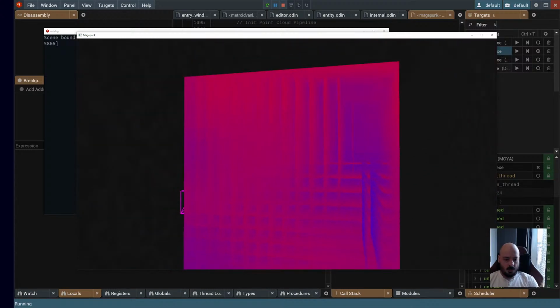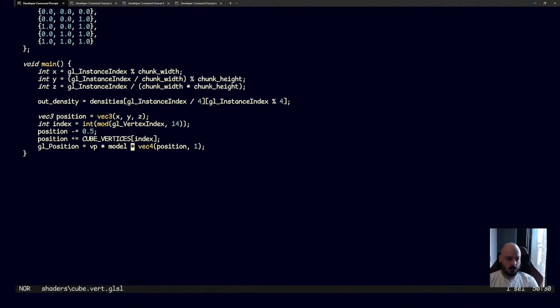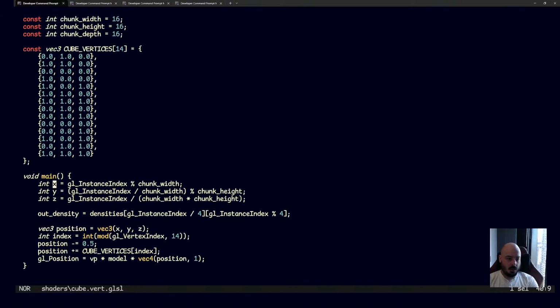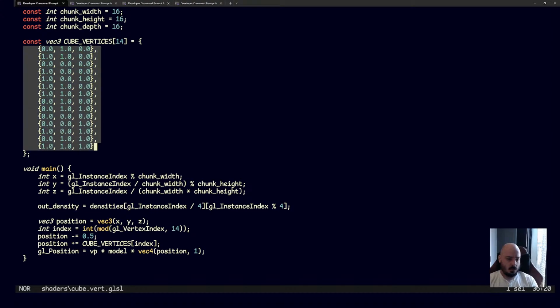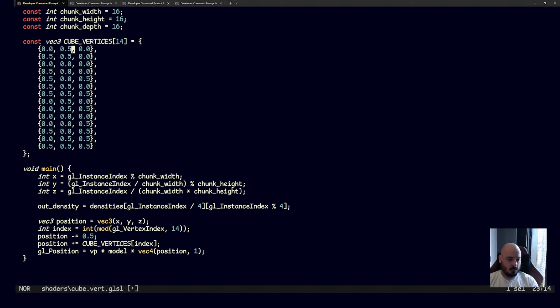Yeah, I think the cubes are still too big. What if I just change the scale of these vertices? What happens? So we're subtracting 0.5 from the position to get the center, and then we're adding 1. So doesn't that make the cube actually 1.5 units across? Or 2?